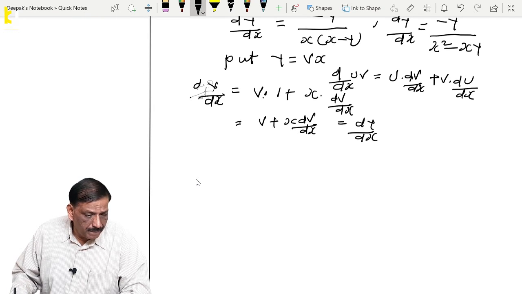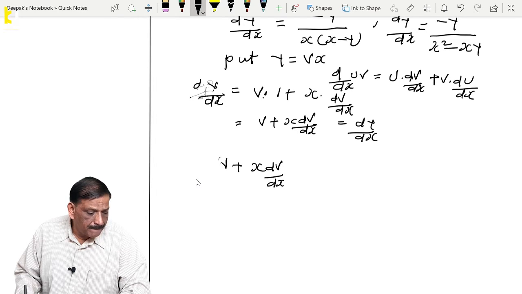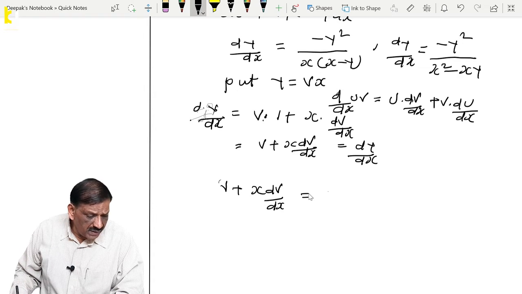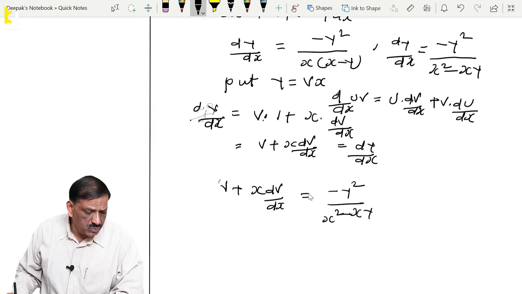That is, v plus x dv by dx is equal to minus y square divided by x square minus xy.